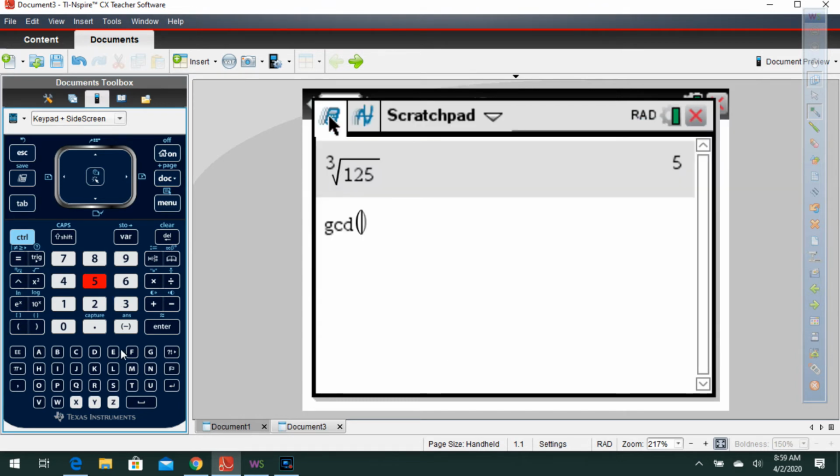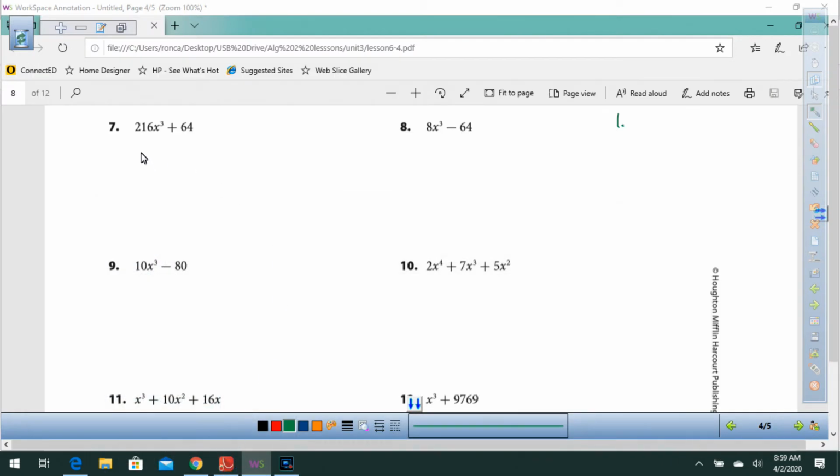Who'd have thought? 216 and 64. Oh, 8. Well, that happens to be 8 squared, and that's 8 cubed. So we can take an 8 out of there. Maybe, and that is 3x cubed plus 2.